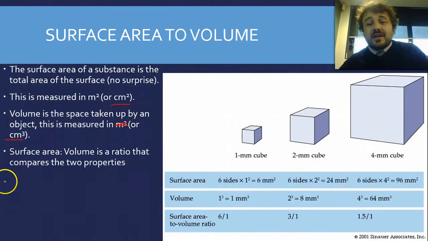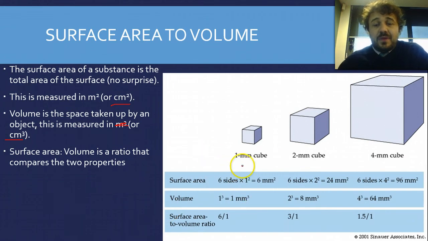Let's have a look at a couple of examples. We'll start with the 1 centimeter cube. We're going to say centimeters just for the sake of easiness. For the surface area, it's 1 centimeter squared times 6, so that is 6 centimeters squared.